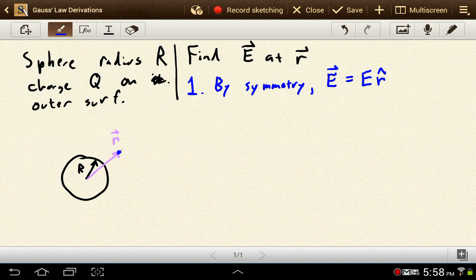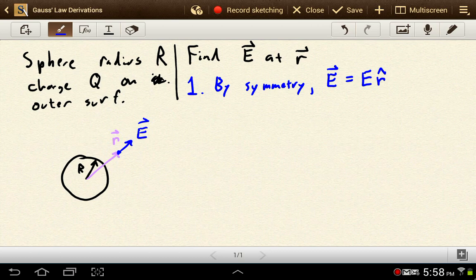So r hat points outward and has a magnitude of 1. The electric field has to either point that way if capital E is positive, or point towards the center of the sphere if capital E is negative. No other options. Just for the sake of having something to fill in, I'm going to say that it goes outward, and if we solve it and get a negative number for capital E, then we know we guessed wrong and it goes inward, but it should still work.